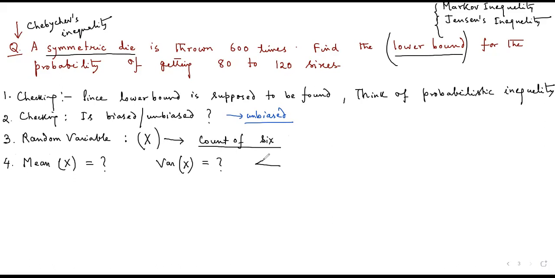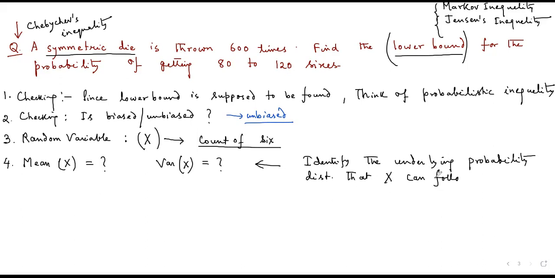To answer these questions, we have to identify the underlying probability distribution that the random variable can follow, that x can follow.